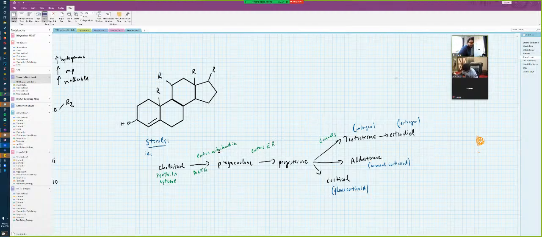It doesn't matter if it's a male or a female. So this is the entire pathway for every single steroid, in addition to where it comes from and where these things take place. This is basically everything you need to know.